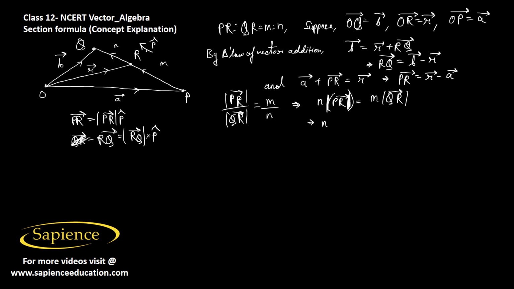Since their directions are the same, their unit vectors are the same. So if we multiply with P cap on both sides, then we will get N into PR vector equal to M into RQ vector. So N into PR vector, which is R vector minus A vector, will be equal to M into RQ vector.